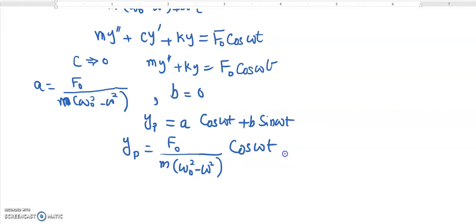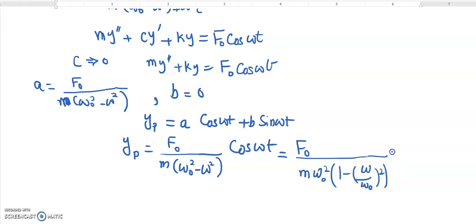Or in other words, this equation can also be written like this: f naught, and if we take omega naught squared out, then it will be 1 minus omega over omega naught, squared, times cosine of omega t.